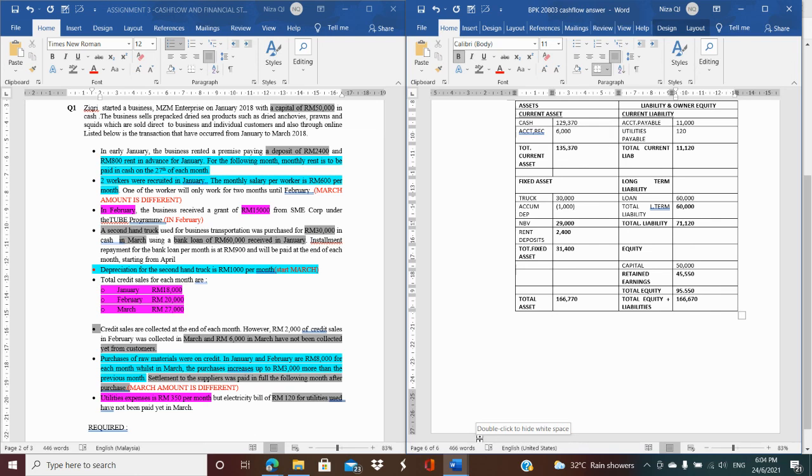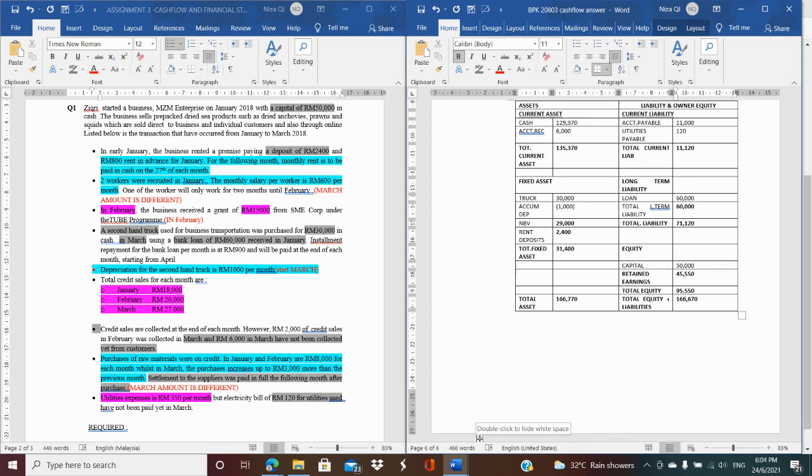What I've shown you is about 80% of the calculation in preparing the financial statement for your test. 80% is the workings, and another 20% is mathematics. That is when you have to come up with the numbers of the actual sales, because it's not going to be given.